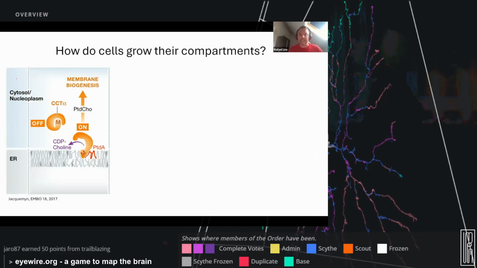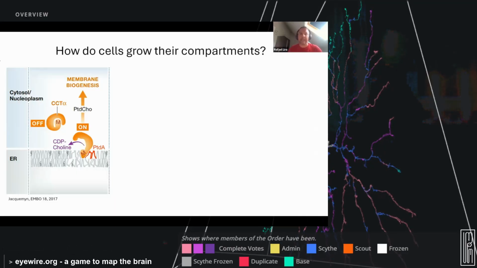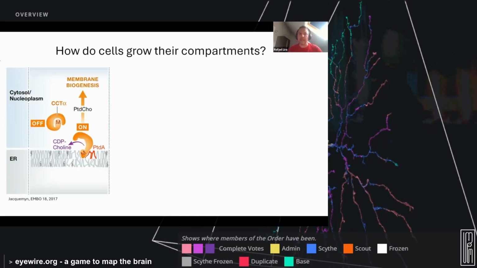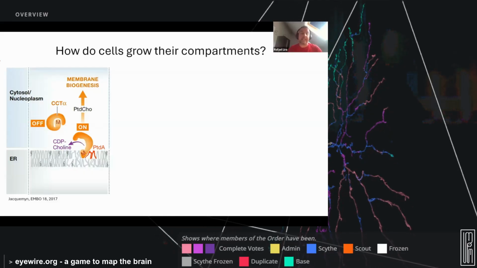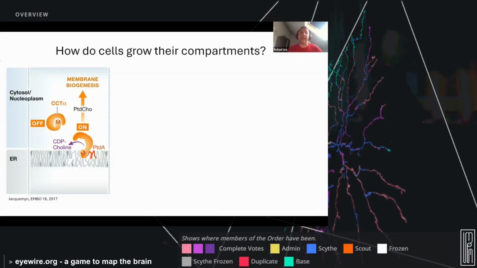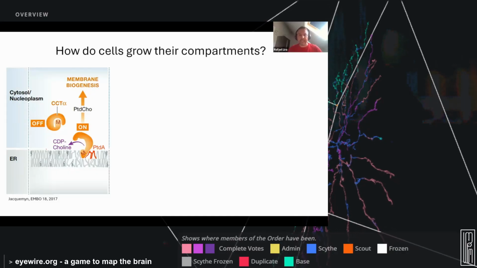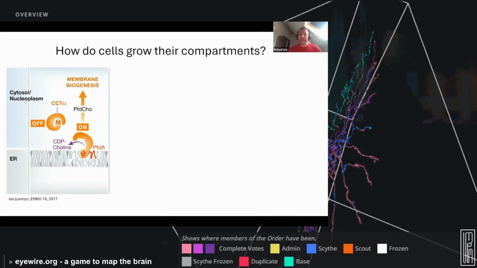So lipid synthesis takes place at this organelle inside the cell called the ER, the endoplasmic reticulum. So the lipid synthesis machinery is present in the outer leaflet of this organelle, so the cytosolic side, where the lipids are produced and inserted. But it also needs to move to the inner leaflet, so then it will accommodate the growth of the compartment.